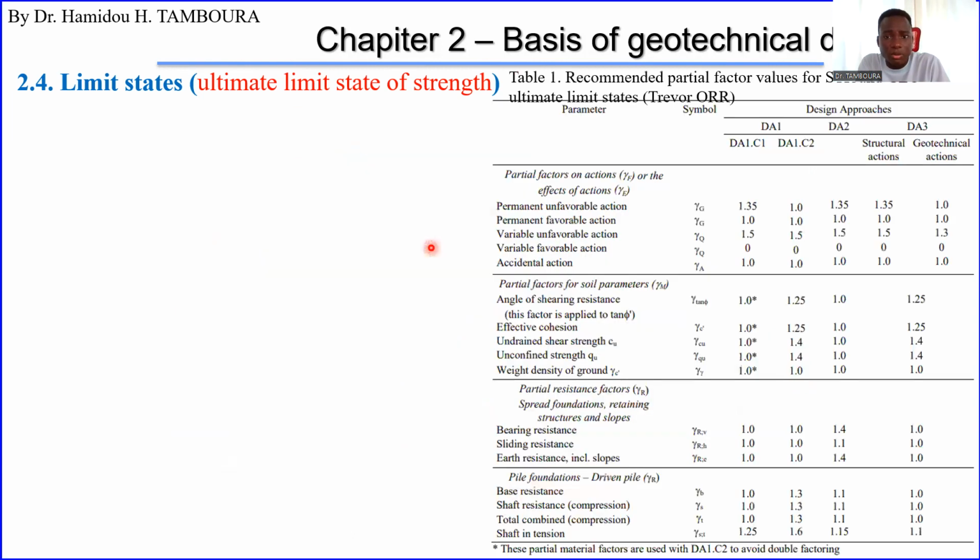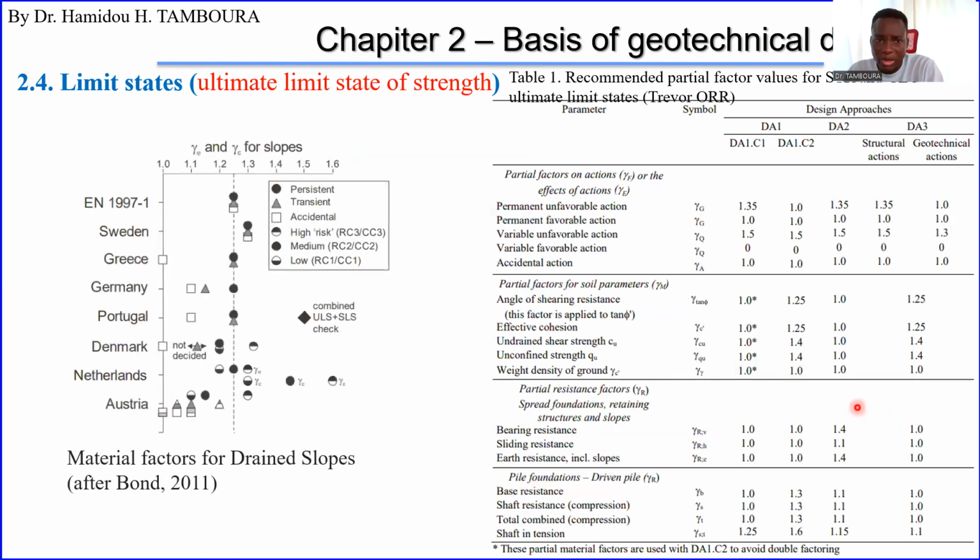For example, if we take this parameter, these are partial factors. The partial factor, for example, for slopes, in the case of the material factor, we will talk about this. Partial factor for soil parameter.